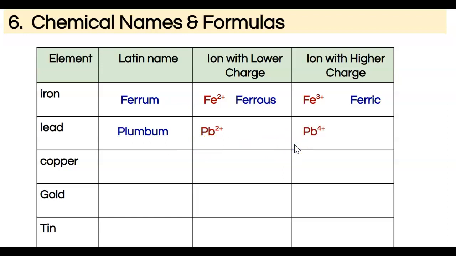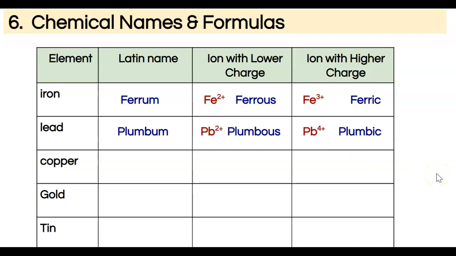Again, you should have your periodic table handy so you can see it, don't trust me on that. Okay, but so what would I call these, right? Take a good guess. What would I call each of these metal ions? So I'm hoping you got to plumbous for the lower of the two charges and plumbic for the higher of those two charges for lead.